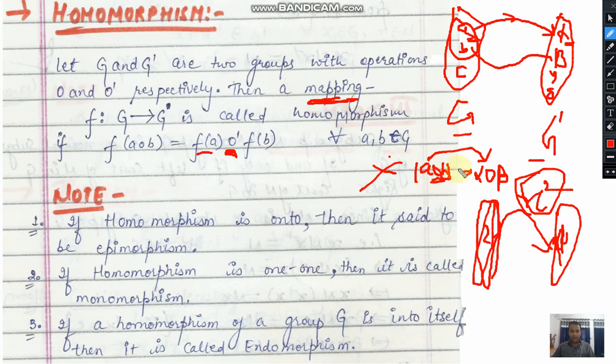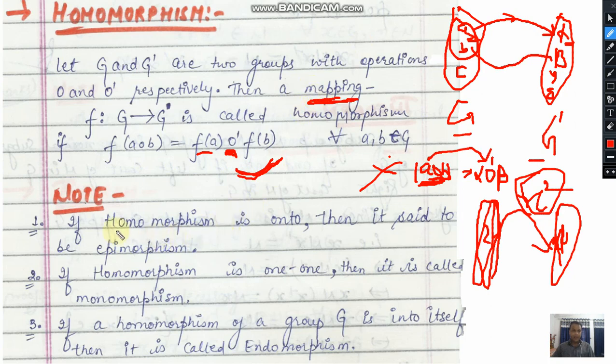They have different operators, so we use the symbol o dash. O dash is the operator used in G dash, and o is the operator used in group Z. So the mapping of the composition of two elements is equivalent to the composition of their mappings. If this property is satisfied, then this mapping is known as a homomorphism.